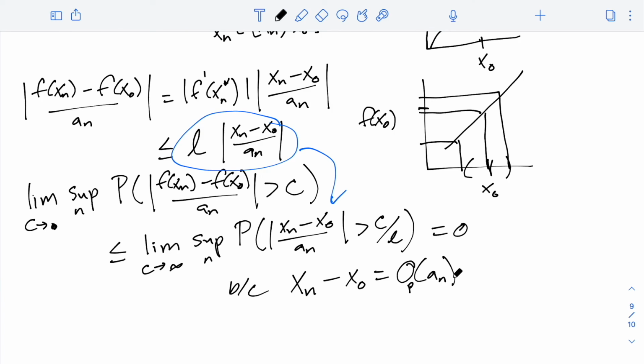We related this difference between f(xn) and f(x0) to the difference between xn and x0, and we noted that things could only shrink or grow by this factor L. And so that means that if xn converges to x0 at a rate no more slowly than an, then f(xn) converges to f(x0) similarly at a rate no slower than an.